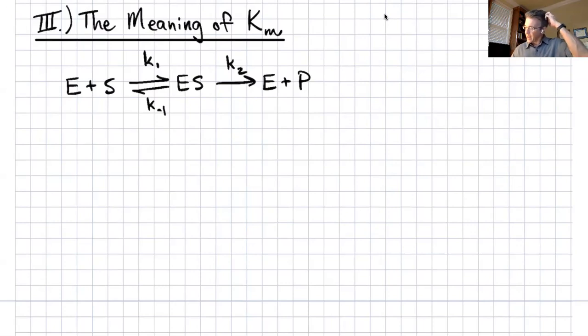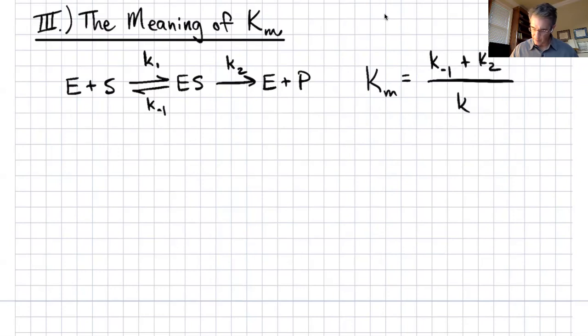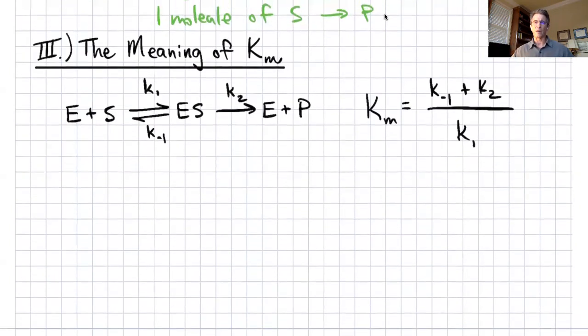We have to think about Km again as the combination of these underlying rate constants, in this case, of course, K minus 1 plus K2 over K1.